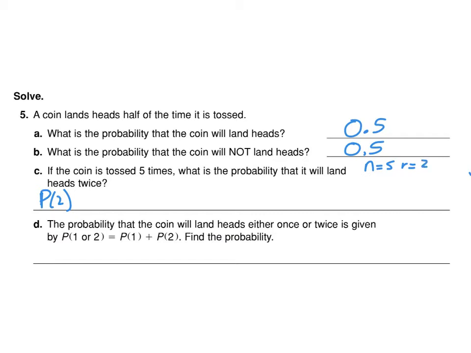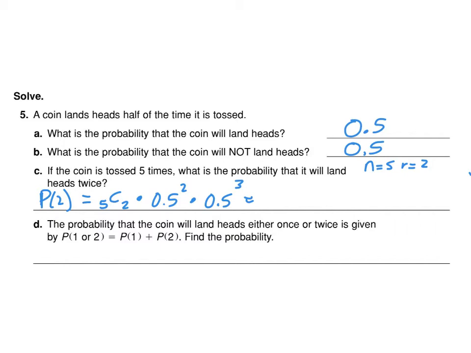So we're going to do, for the computation, 5c2 times the p, which was 0.5, squared, times this is the q, which is 0.5, and we have to do 5 minus 2 for the exponent there. That's a 3. And I've done this on my calculator.